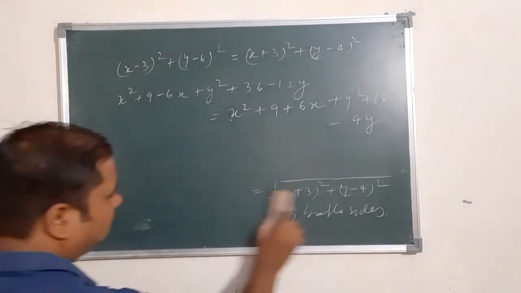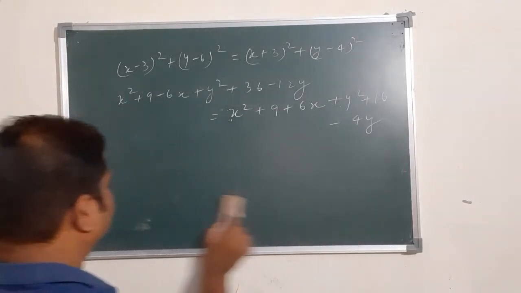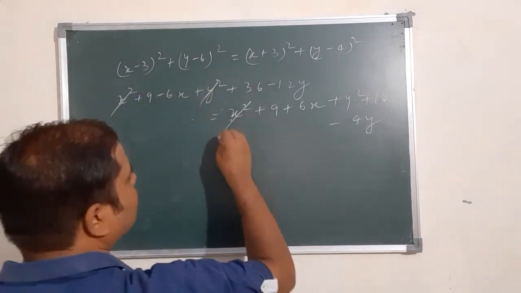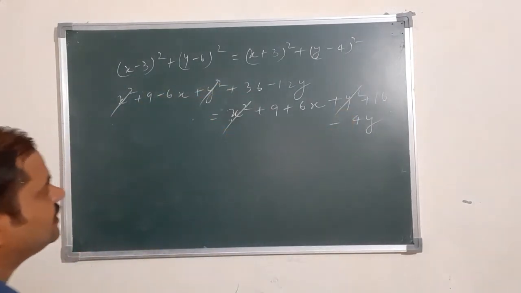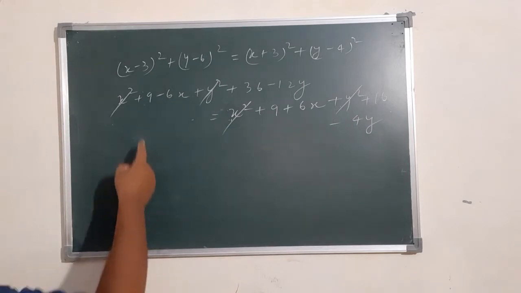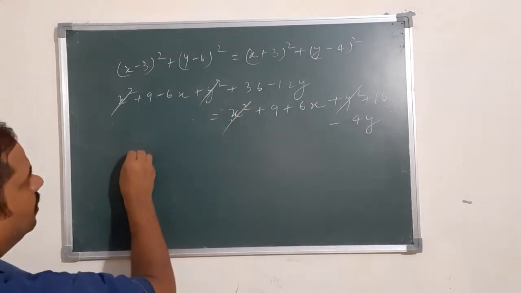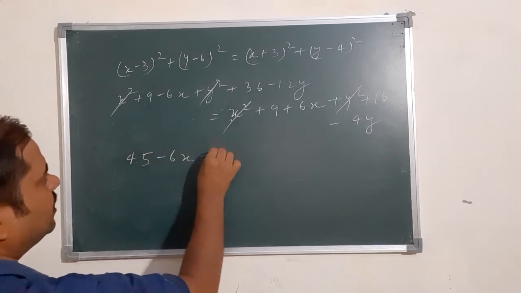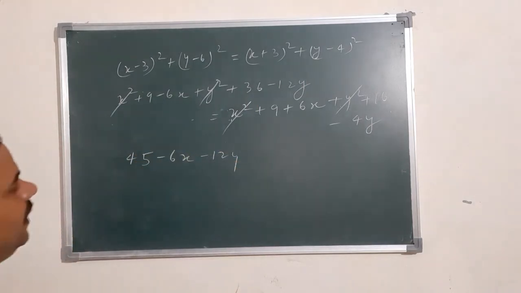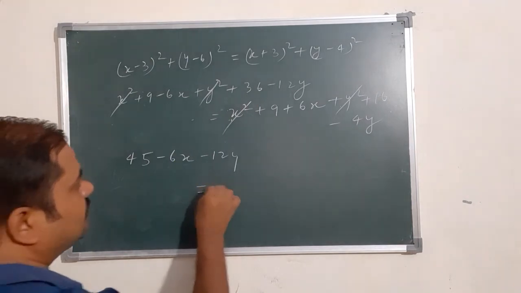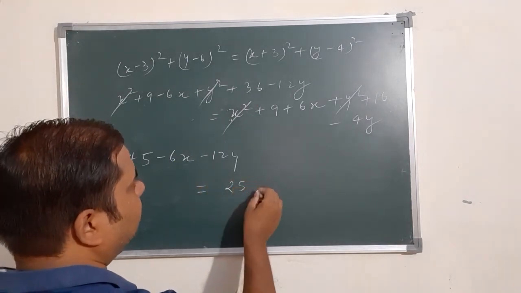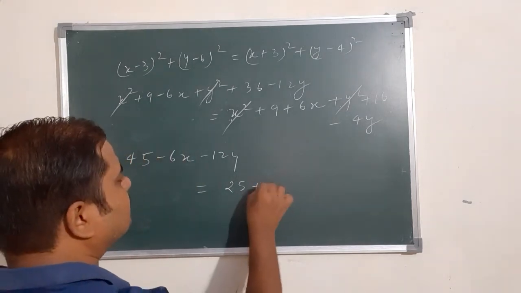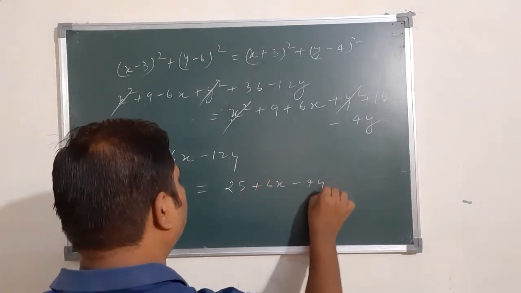So see, x² and y² cancel out, and this is 9 plus 36, 45, minus 6x minus 12y. Okay, and this is 9 plus 16, 25, and plus 6x minus 4y.